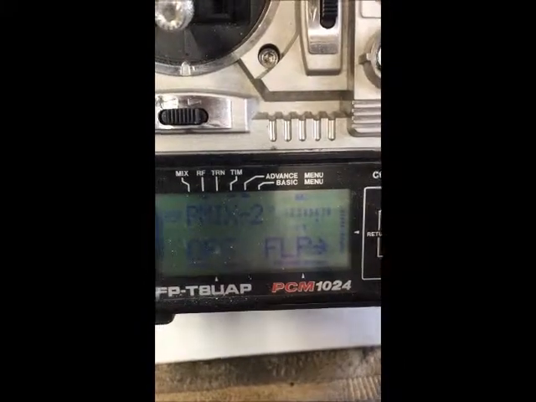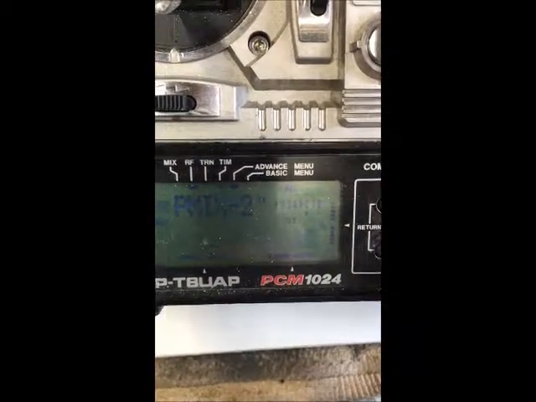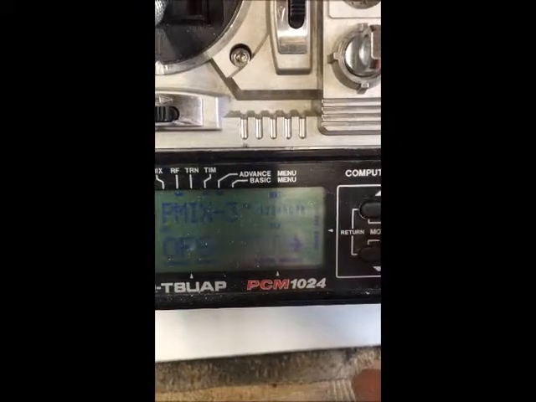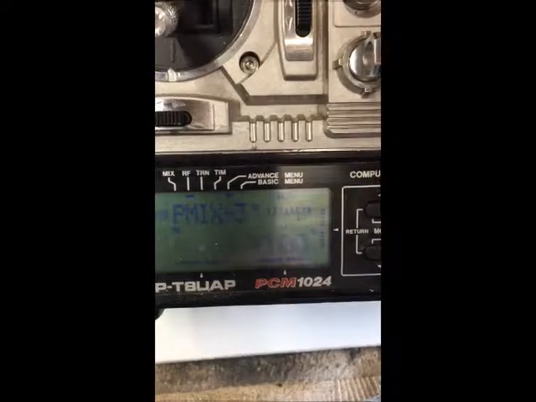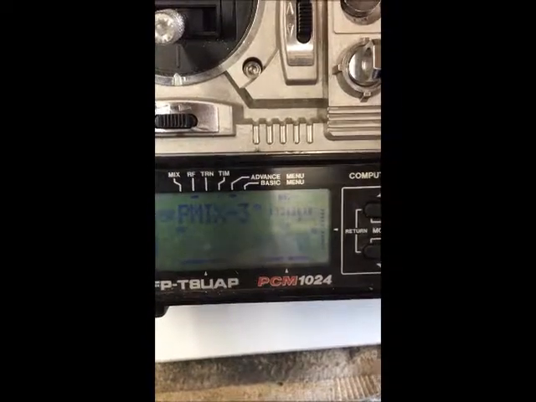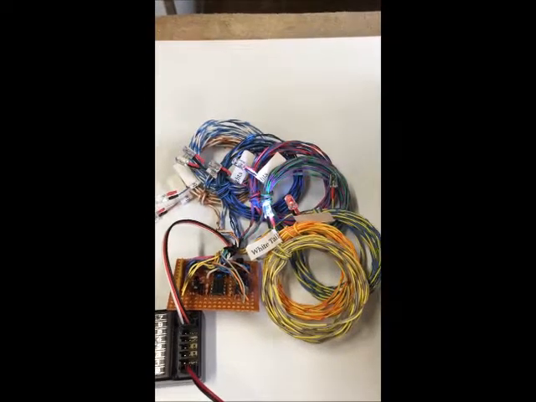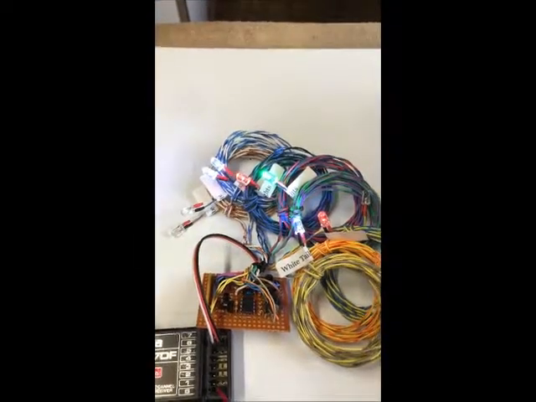Your second mix will need to be at about 85%, okay? And then the third mix will need to be at 100%. If you do that and activate them all with that 3-position switch, that will give you the 3 modes that you were looking for: mode 1, mode 2, and mode 3.